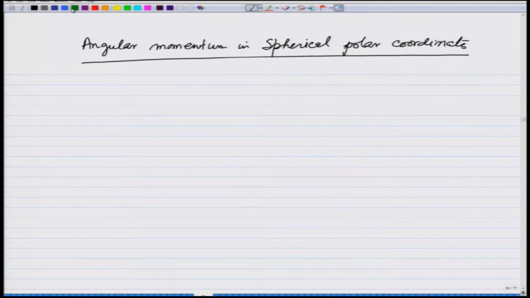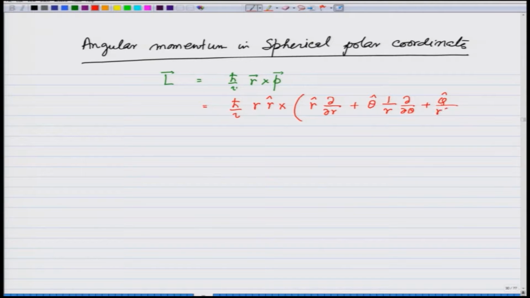So, again L, understood that it is an operator, is h cross over i, r cross p, and I am going to write this p, the gradient operator, in terms of the spherical polar coordinates. So, this is going to be h cross over i, r distance, then r unit vector, cross r unit vector partial with respect to r plus theta unit vector 1 over r partial with respect to theta plus phi unit vector over r sin theta partial with respect to phi.